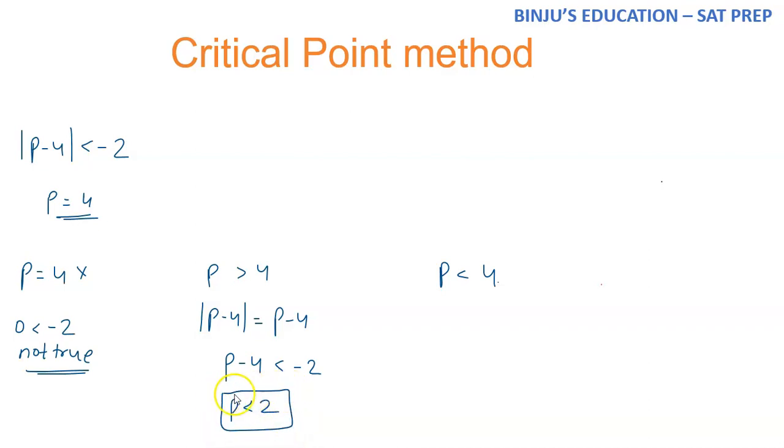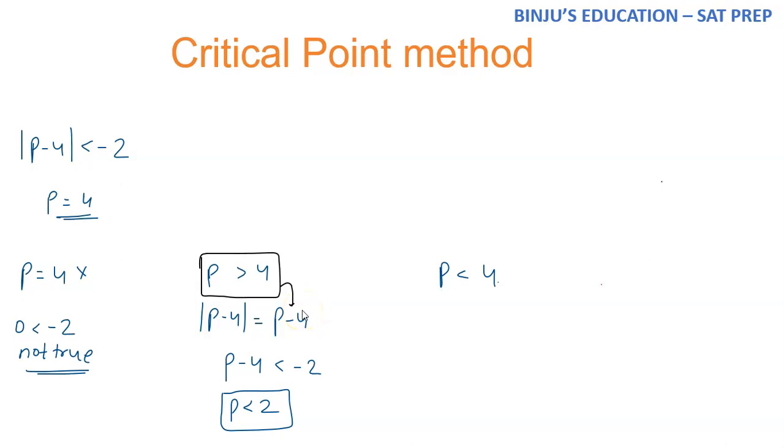Now here, understand this. This is a very important thing. I am considering p to be greater than 4. So if I am considering p to be greater than 4, using that I have opened my modulus, that mod of p minus 4 will be simply equal to p minus 4.